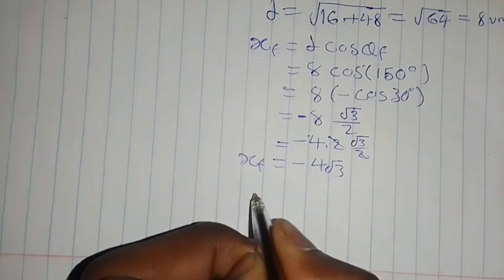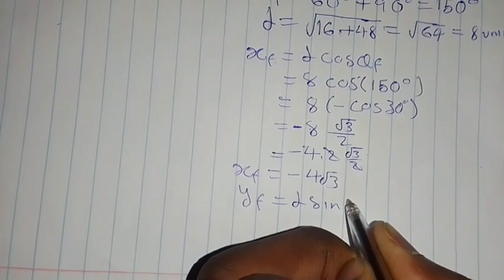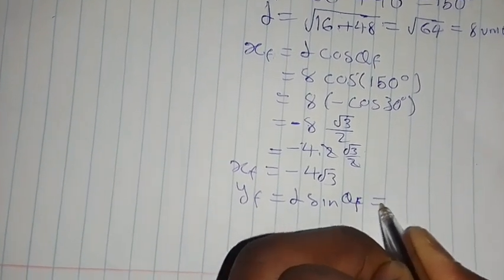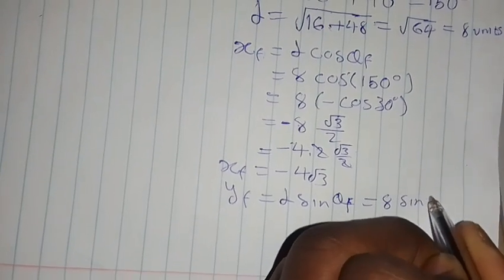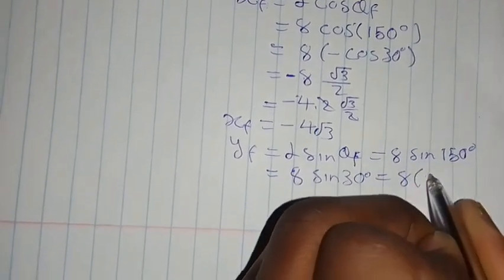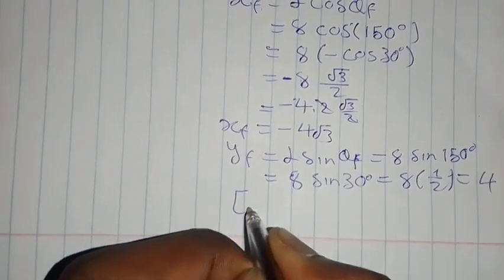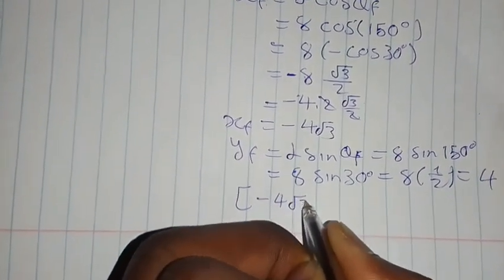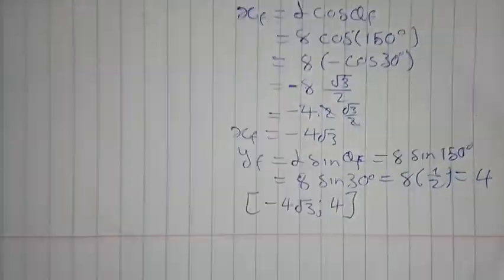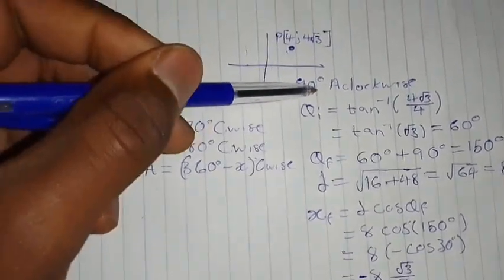That's x final. Then y final is d sine theta f, so that's 8 sine 150 degrees, and sine 150 degrees is the same as sine 30 degrees, so 8 into half, that's 4. So the new coordinates will be (minus 4 root 3, 4). Those are the coordinates of this point if you rotate it 90 degrees anti-clockwise.